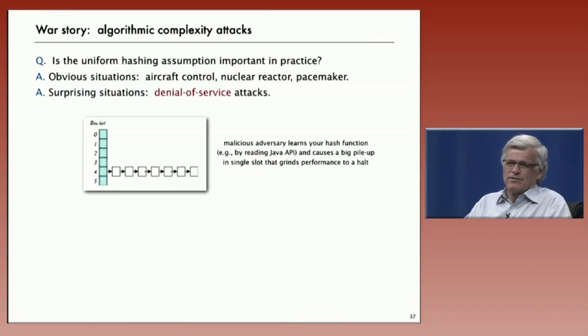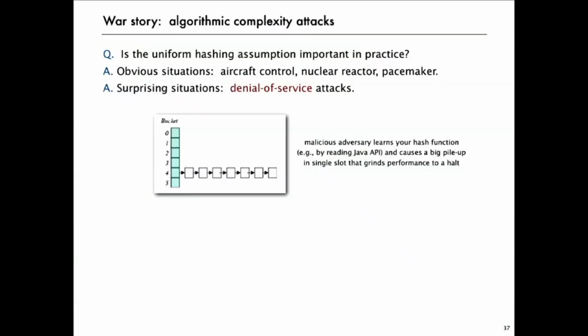And there's another surprising situation that happens in today's world. For example, Java publishes its hash functions. And so if you're trying to provide a service over the web, an adversary can learn your hash function and just send you data that causes a huge performance problem by making all that data hash to one particular item.